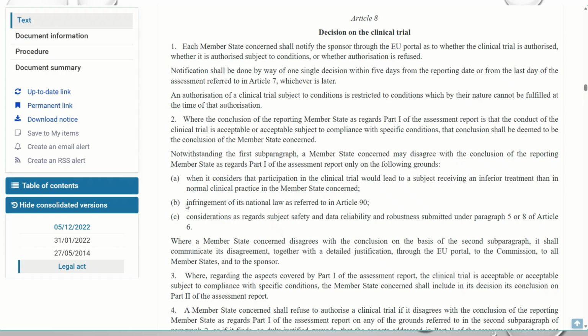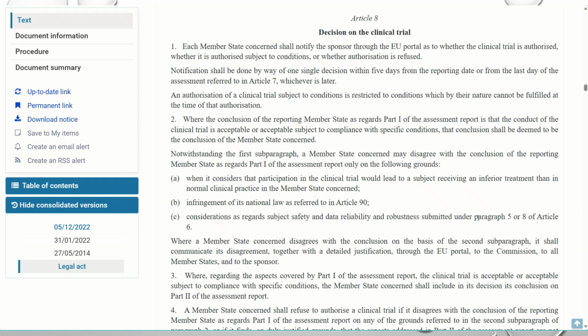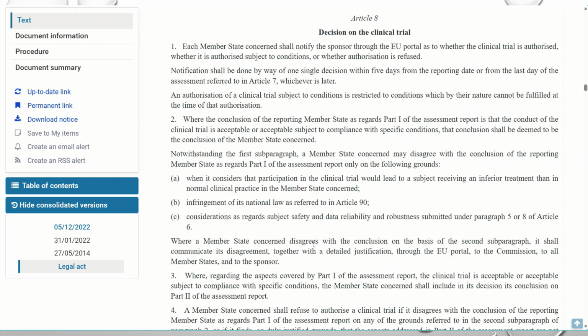Second is if there's an infringement on their national law. And thirdly, if it relates to subject safety and data reliability and robustness. So this is either during the initial assessment of Part 1 documents or following responses to a request for further information. So if the member state concerned disagrees with the conclusion, it has to communicate it, but it can only be based upon these 3 grounds.